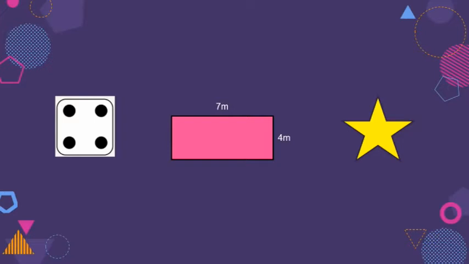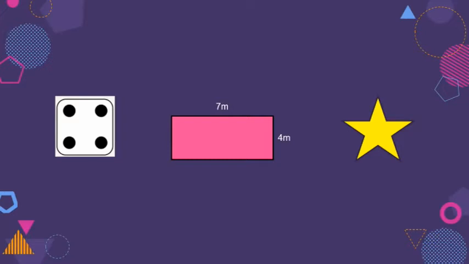Janan, are you there? Yes. Okay, Janan, tell me what's the perimeter. 11. Is it 11? How do we find the perimeter of a rectangle?